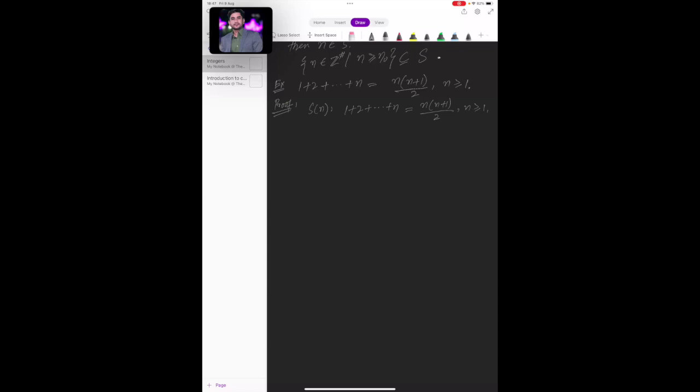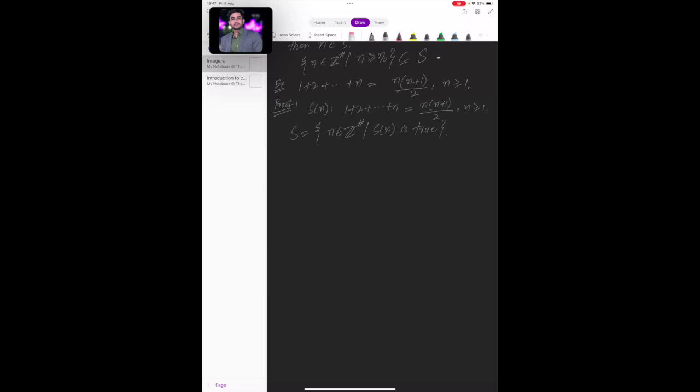So we know S is the set of those positive integers such that S of n is true. We will show that S is the set of all positive integers.